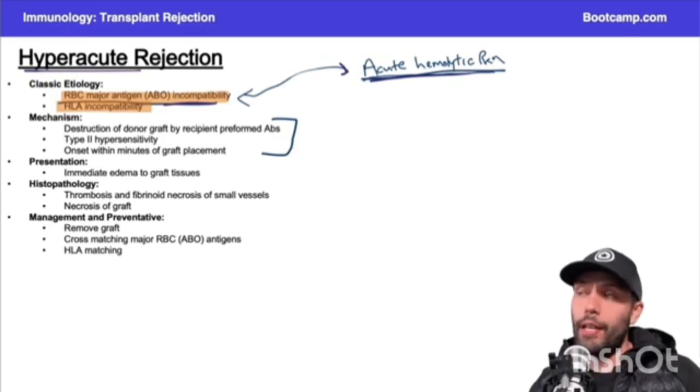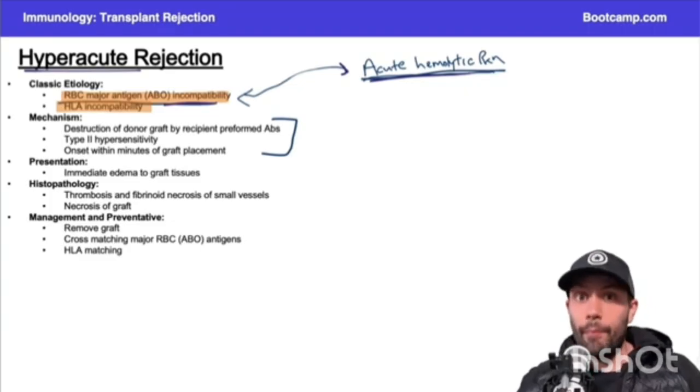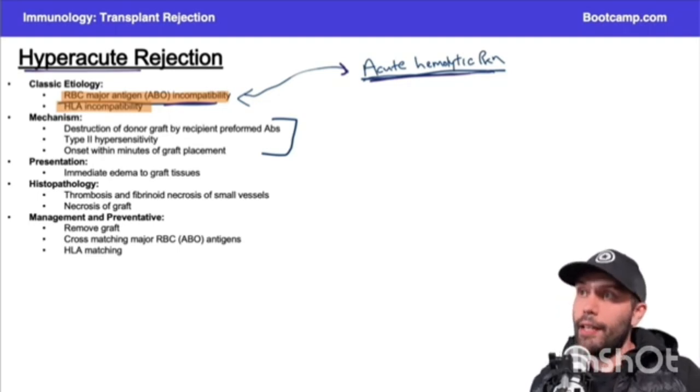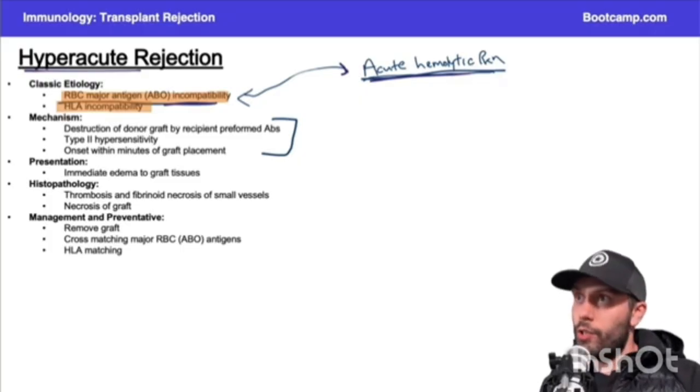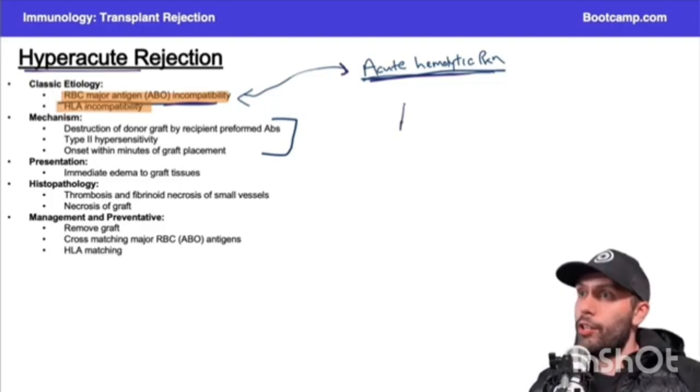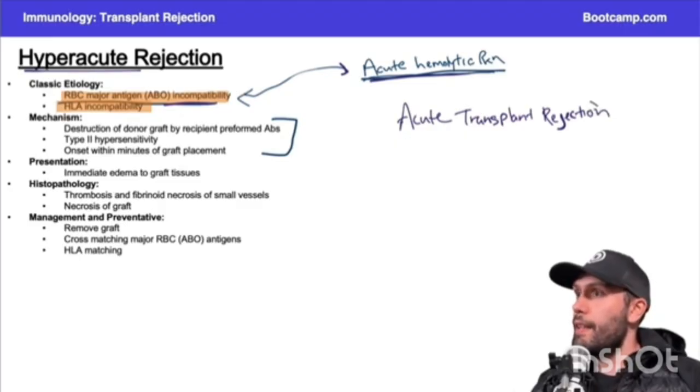This tissue that we donated, we didn't type and screen those red blood cells to see if they had markers on them the recipient might already have antibodies against. Okay, and again, we talked about this in great detail in the acute hemolytic reaction. I don't want to belabor the point here, but the reason I bring this up is because there's also an acute transplant rejection. And the acute transplant rejection is not the same as these two.